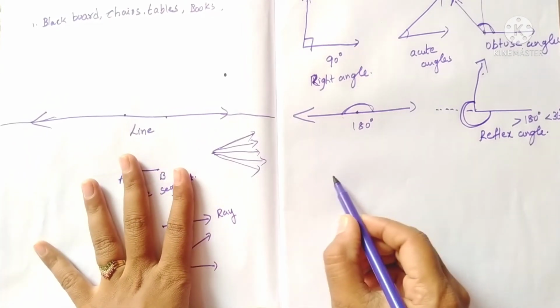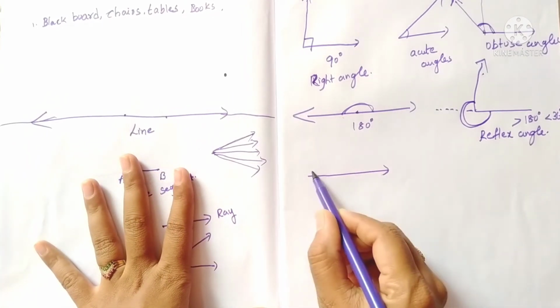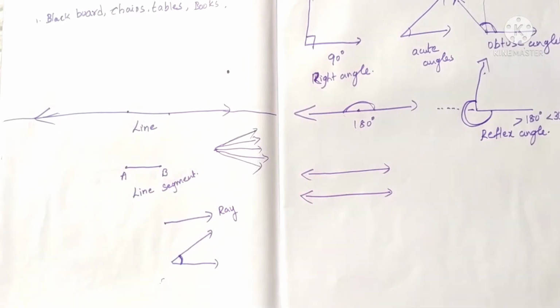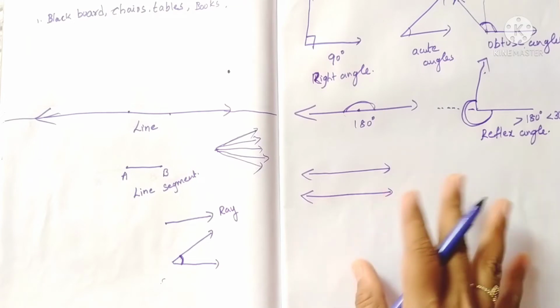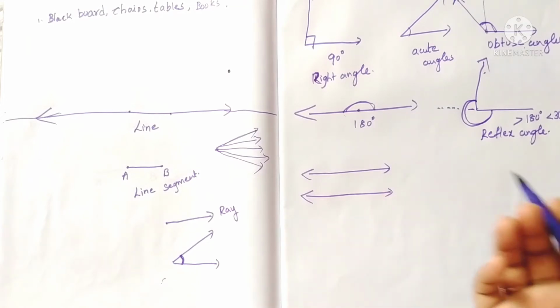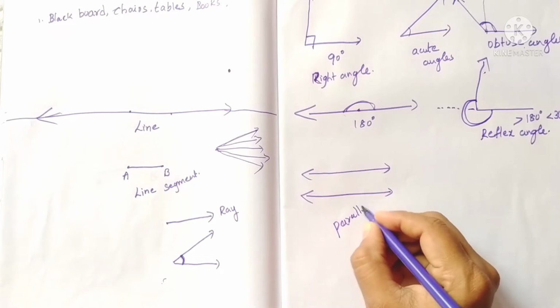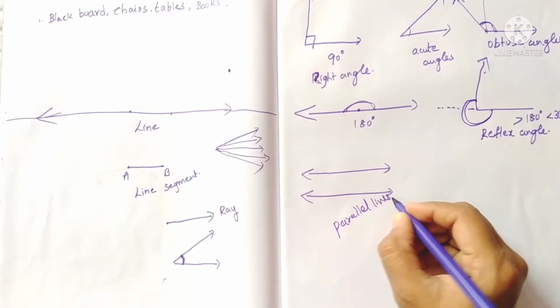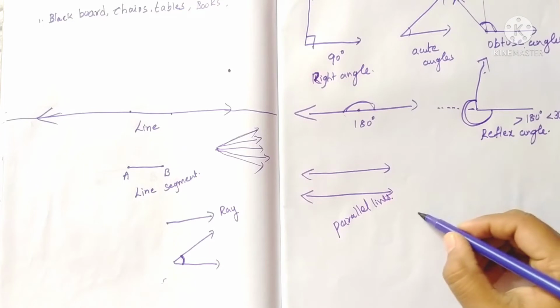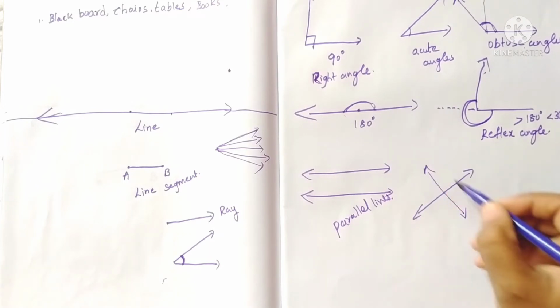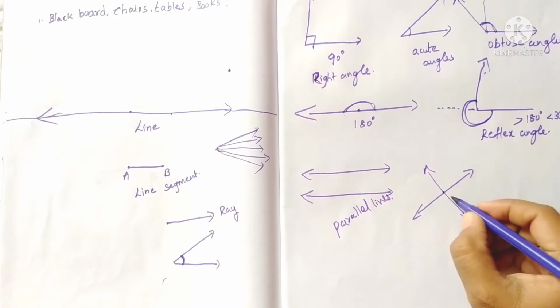And now if two lines are like this without having any common point, and there is no angle between those two lines, they are called parallel lines. If two line segments have one common point, they are called intersecting lines.